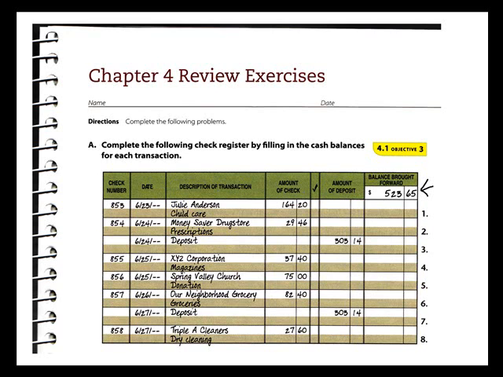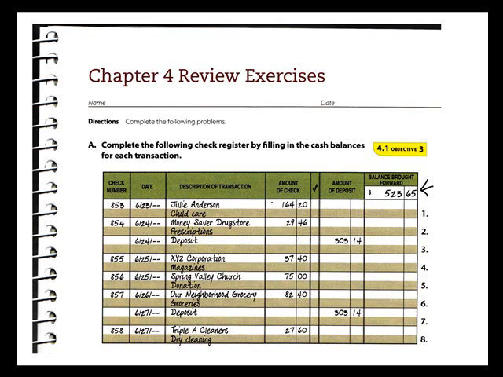On this one, they have two lines that they're using for recording checks. Some people will skip and just use one line, and if you do that, then that doesn't leave you room to bring over the action that you're doing, but you can still put the balance. So let me show you both ways.